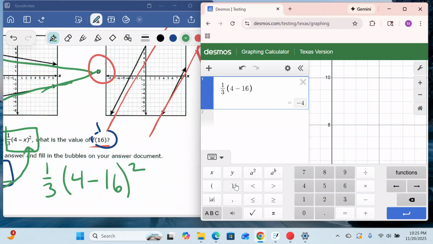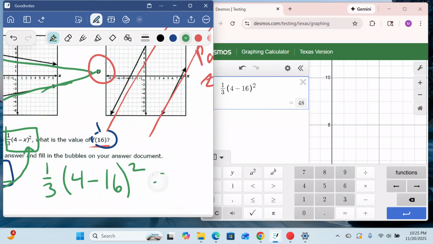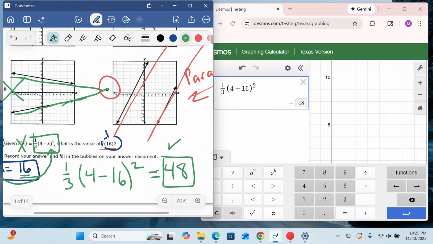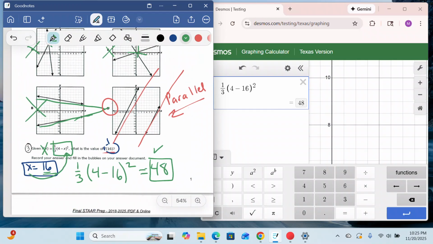Close parentheses, and Desmos spits out the answer of -4. But what did I forget? I forgot my square. The way you do the square, I put the square, so my answer is 48. So my evaluation of f of 16 is 48.